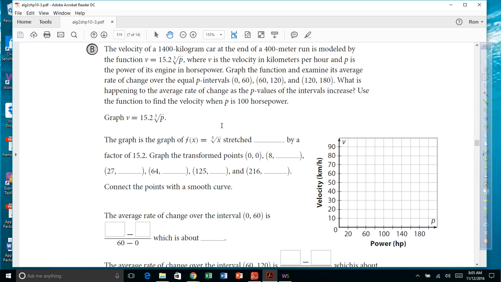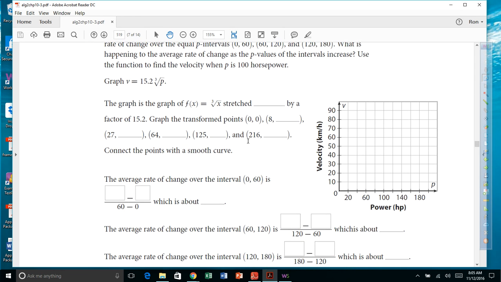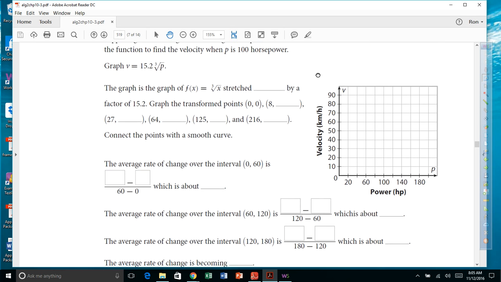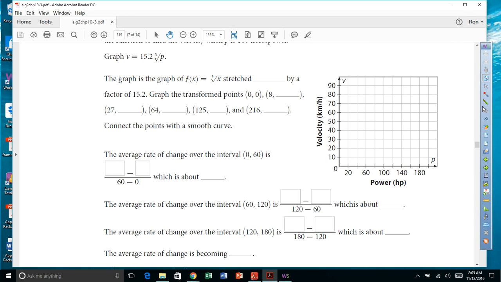Graph the function and examine its average rate of change over equal P intervals: 0 to 60, 60 to 120, 120 to 180. What is happening to the average rate of change as the P-values of the interval increase? Use the function to find the velocity when P is 100 horsepower. All right.